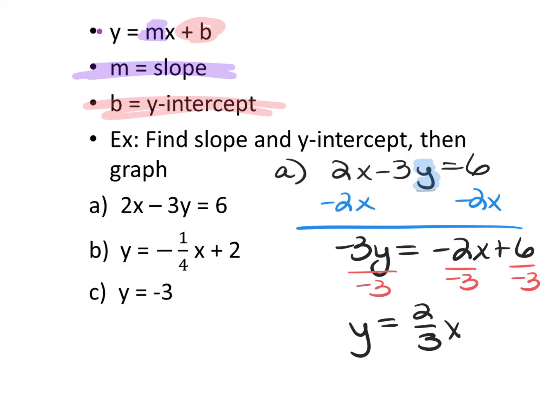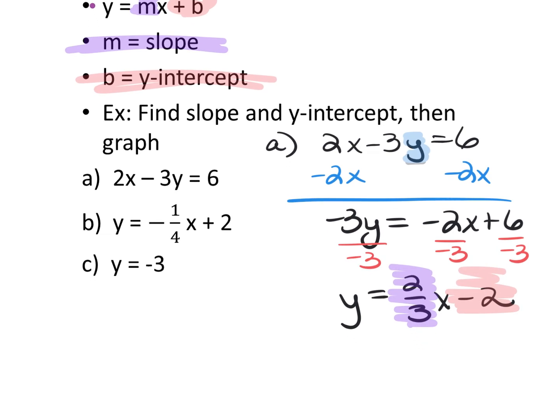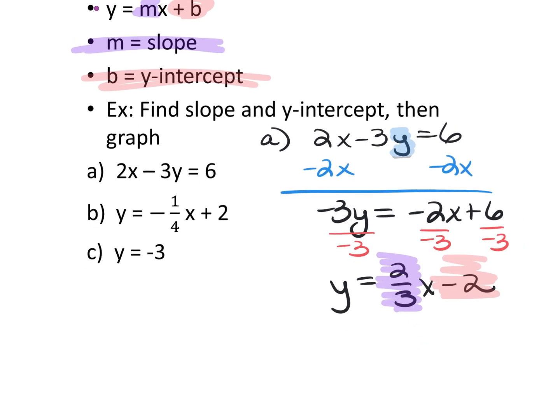And then finally, minus 2. So my slope is the 2/3. And my y-intercept is the negative 2. So for part A, your m is 2/3 and your y-intercept is negative 2.